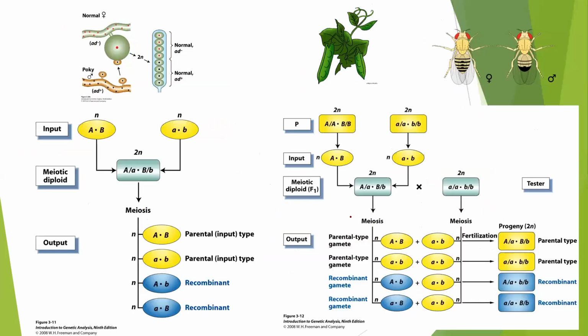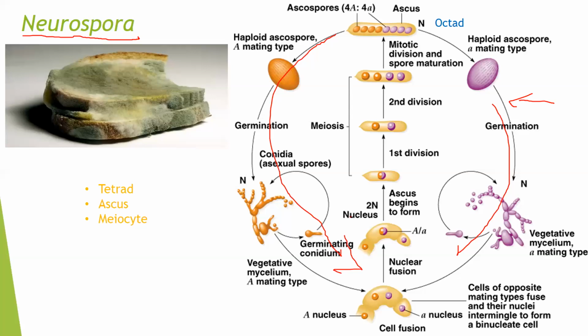Again, we do not have time to go over this life cycle, but please read the textbook after class and understand the whole process. Some very important concepts here: everyone needs to understand the tetrad, ascus, and the meiocytes.